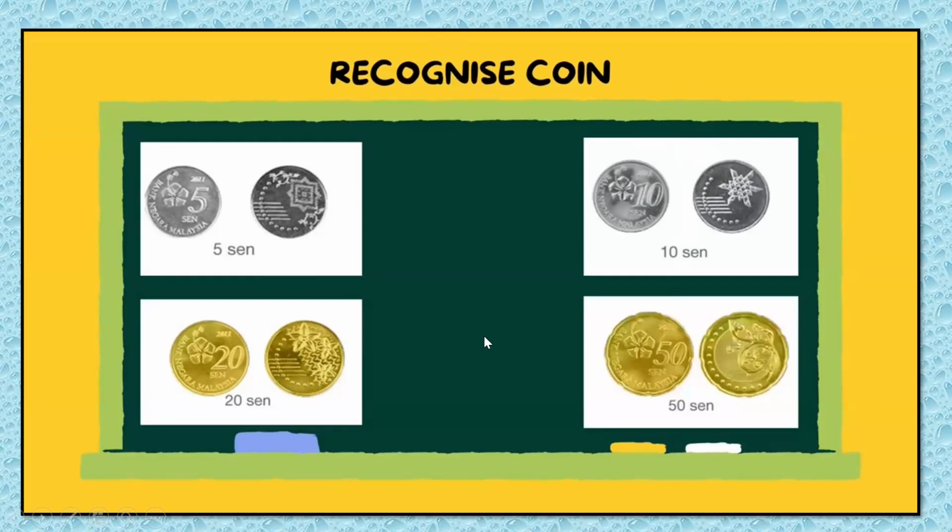I'm sure you have come across these types of coins. This is the 5 cent, this is the 10 cent, this is the 20 cent, and this is the 50 cent. These are the examples of coins, class.